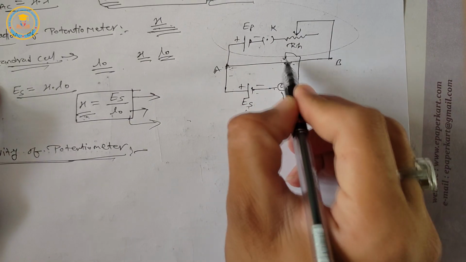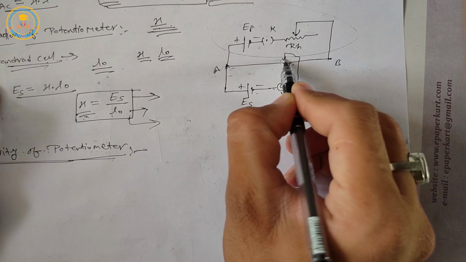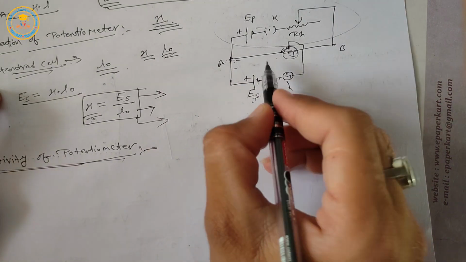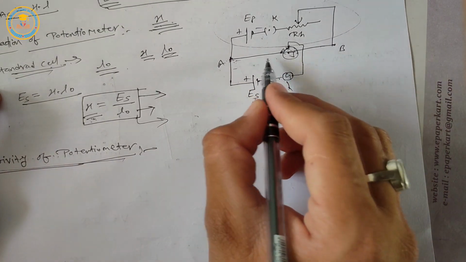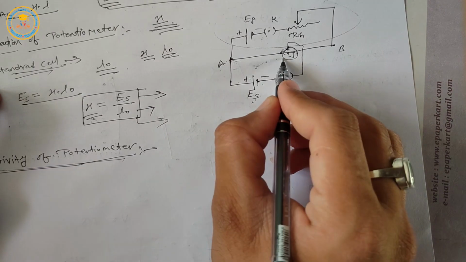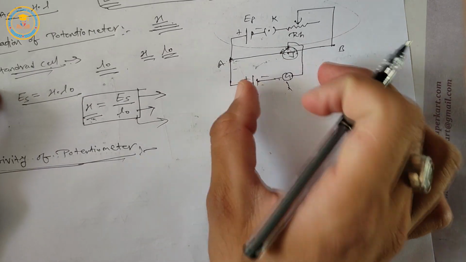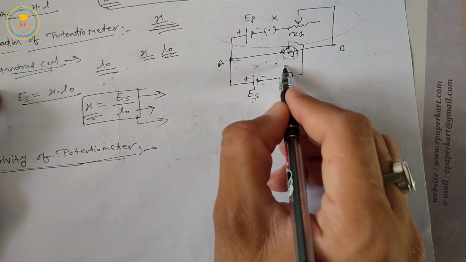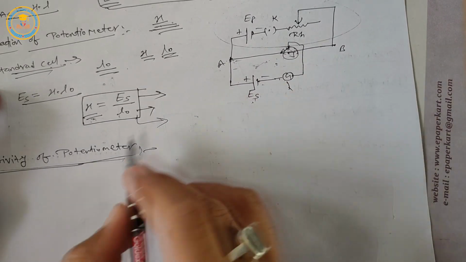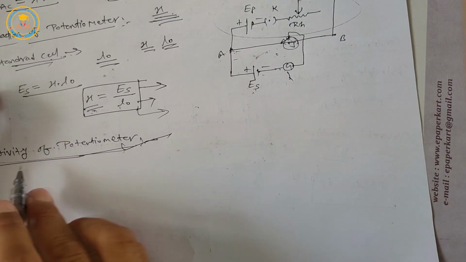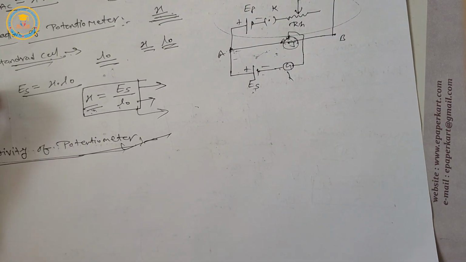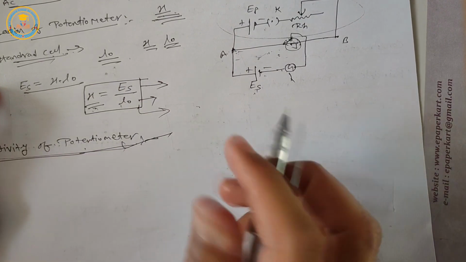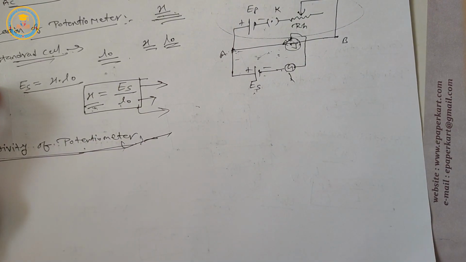Suppose we slide the jockey some distance, then some small potential difference is produced. The ability to accurately measure this small potential difference is called the sensitivity of the potentiometer.